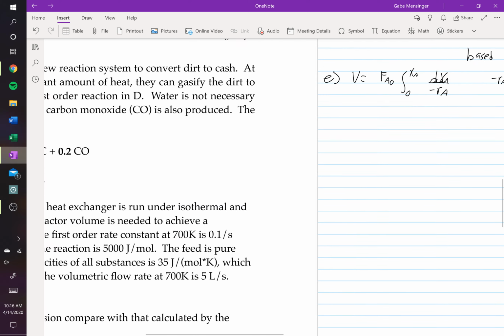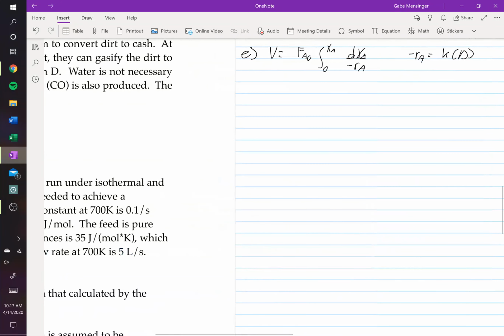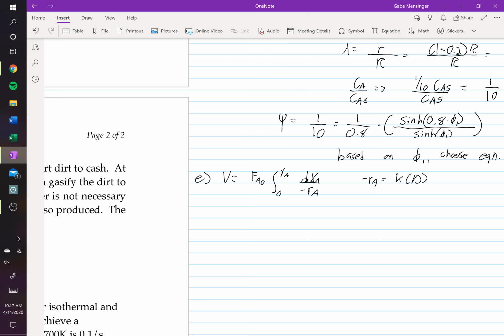So, what am I trying to find again? Oh, we need the reactor volume. Okay, sorry. So now we need to write our concentration of D. And remember, this goes back to that full equation where we have C_A0. And remember, A is just something to signify the limiting reactant.